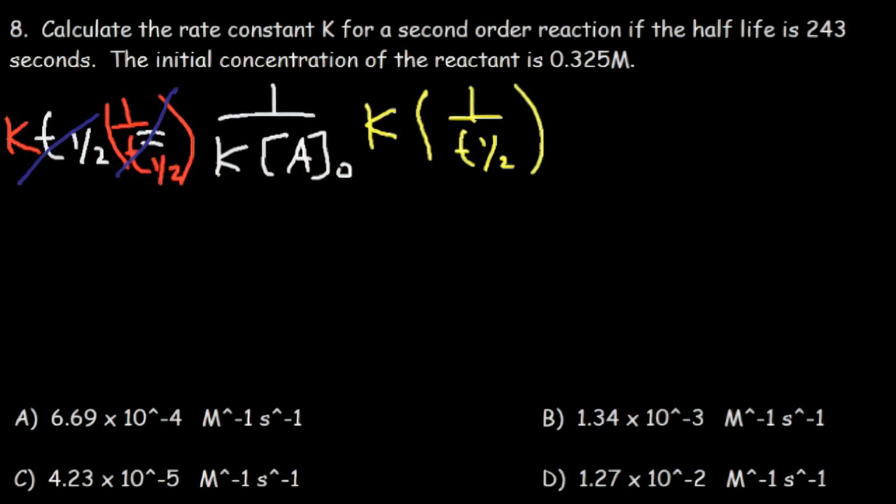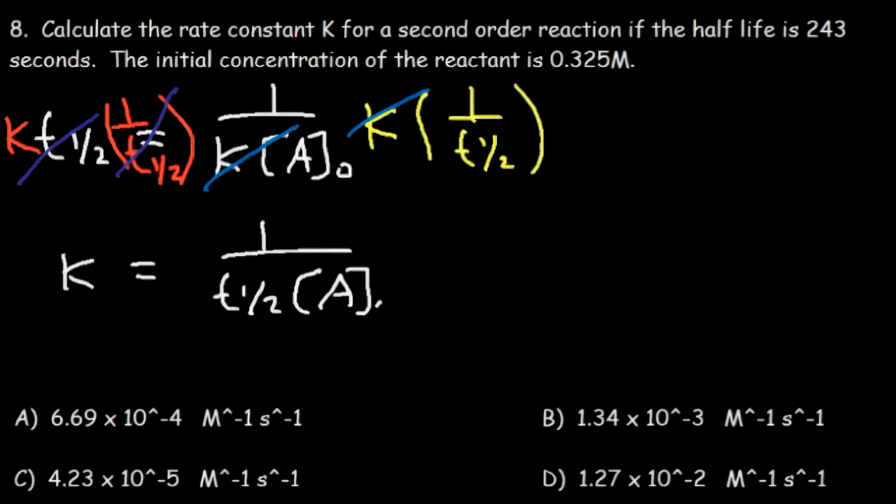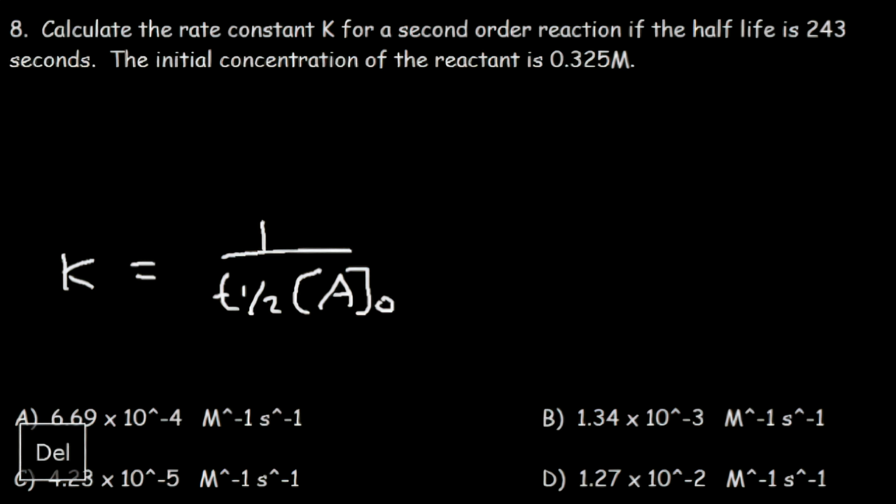But on the right side, k cancels. So the equation that we now have is k is equal to 1 over half-life times the initial concentration of A. So basically, k and t trade places. But for those of you who want to see how it happened, now you know.